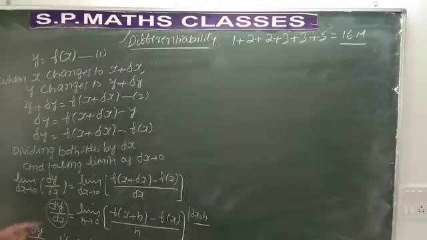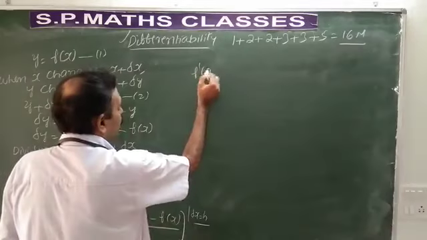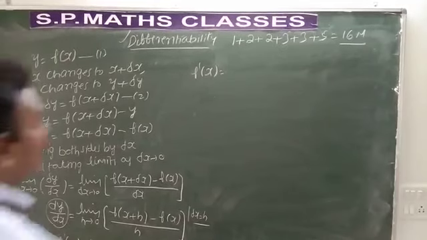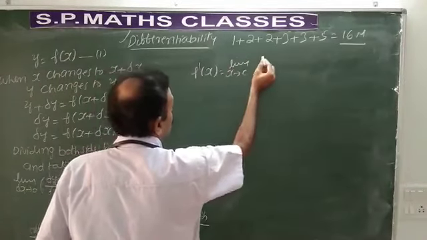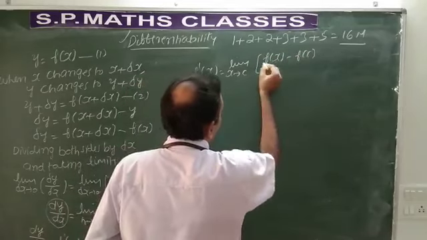So dy by dx is denoted by f dash of x, or d of y, or y1, or y dash. f dash of x can also be defined in a different way, as given in the textbook: limit as x tends to c, f of x minus f of c divided by x minus c.